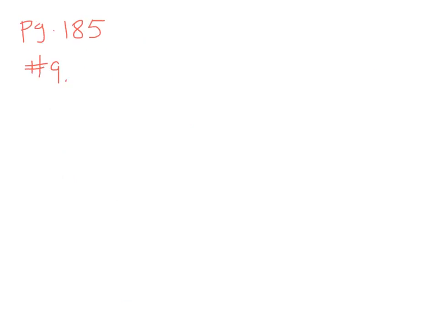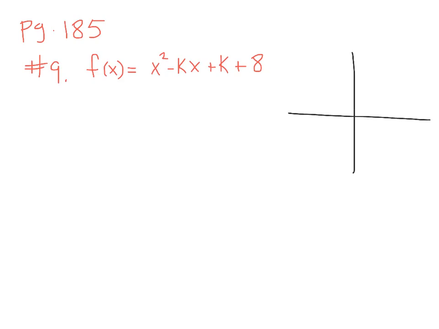Now we did that question fairly quickly, but let's look at three questions after this. Number 9 on page 185. Number 9 states that the graph of this function, x squared minus kx plus k plus 8, touches the x-axis at exactly 1 point. Again, what does that mean to touch the x-axis at 1 point?